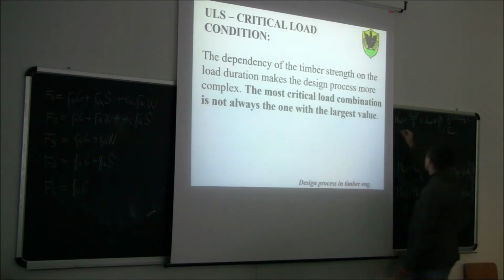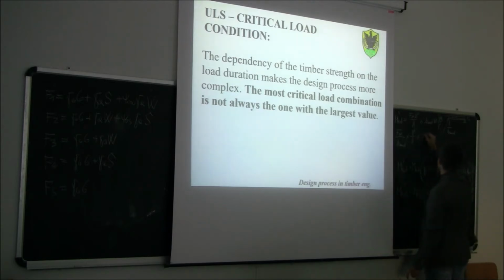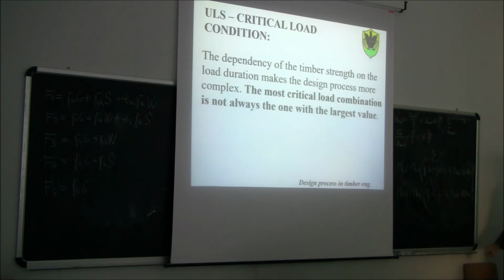Then you see I get Fu divided by K mod times a constant, because L squared over 8 is a constant, less than W Fk over gamma. Since this is a constant, I can bring it here.